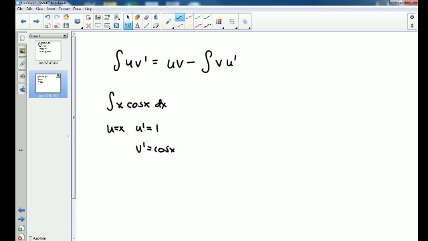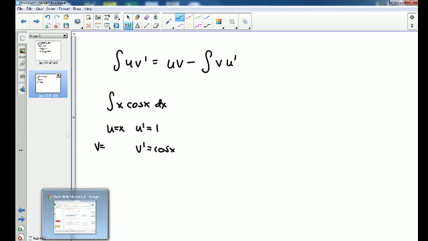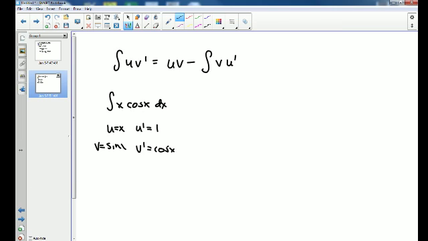We need v now. What's the integral of v prime? To integrate this to get v, it's sine x. Is that more simple? No, cosine and sine are not more simple, but it doesn't matter because we don't need it.